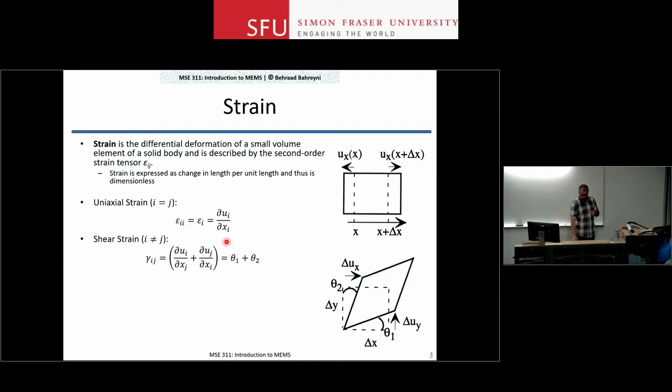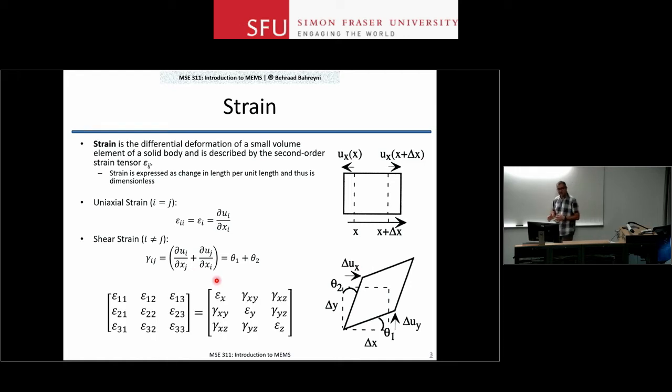For shear strains, a similar definition, but you're not looking at the deformation along one line normalized to another. That gives you an angle, because these deformations are usually very small. It's actually the tangent of the angle, but because the deformations are very small, it's the same as the angle itself when you specify it in radians. So for shear strains, we will have angles, right? And then we have deformations in 2D, and therefore you get a definition as shown here.